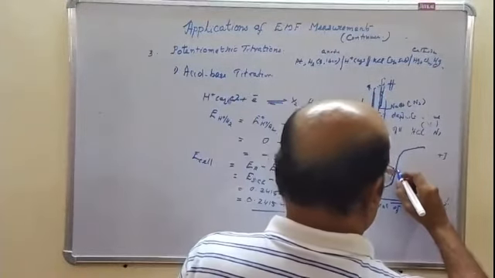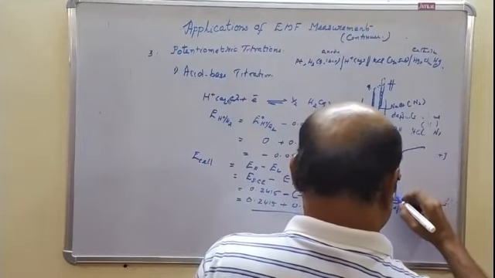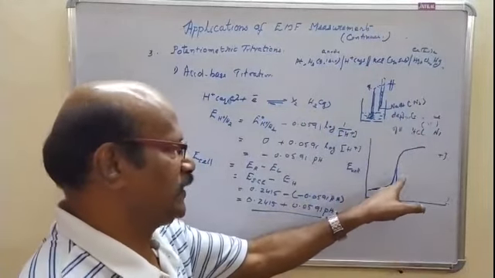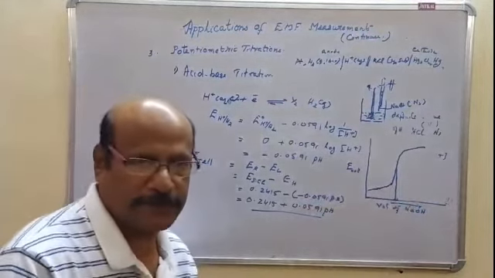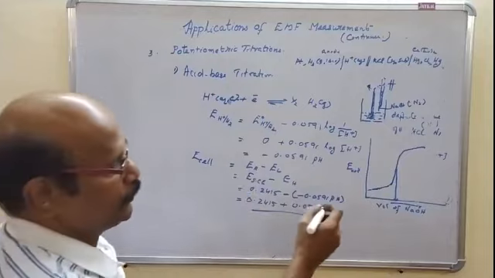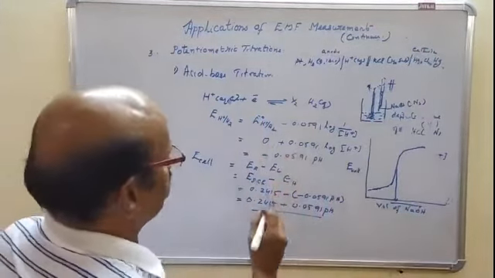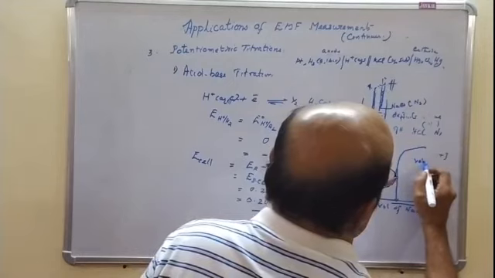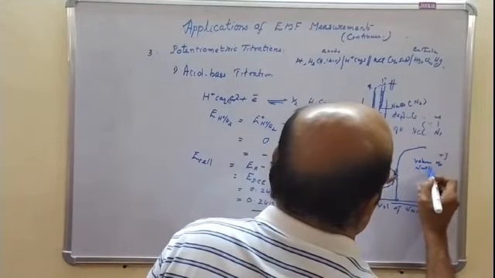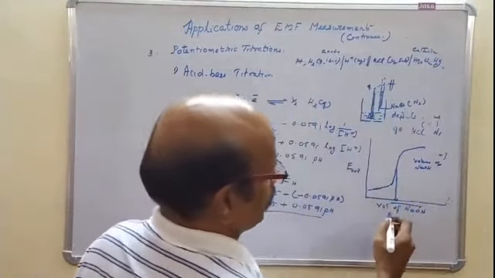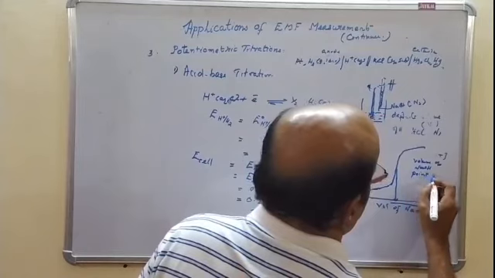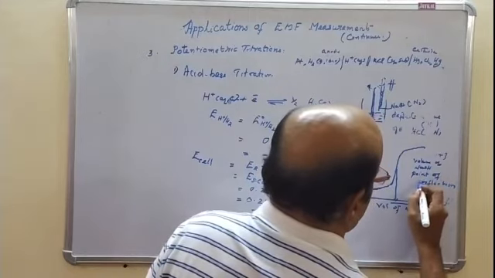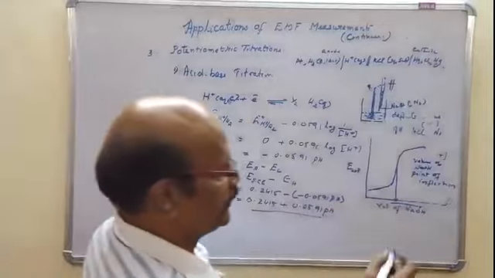The volume of NaOH corresponding to the point of inflection, which gives the breaking point of sudden change, gives the end point.